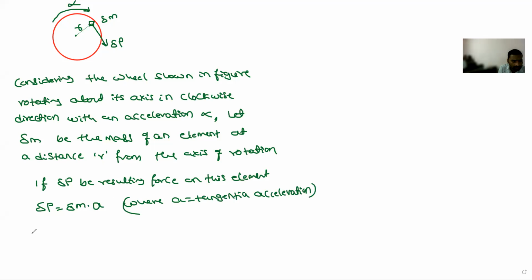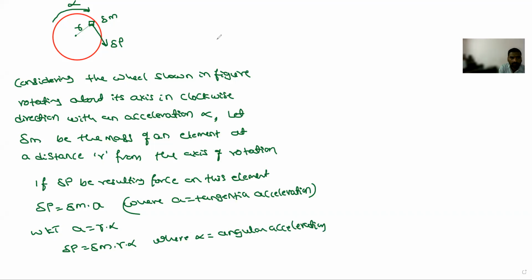We know that A is equal to R times alpha. Substituting, delta P is equal to delta M into R times alpha, where alpha is the angular acceleration.